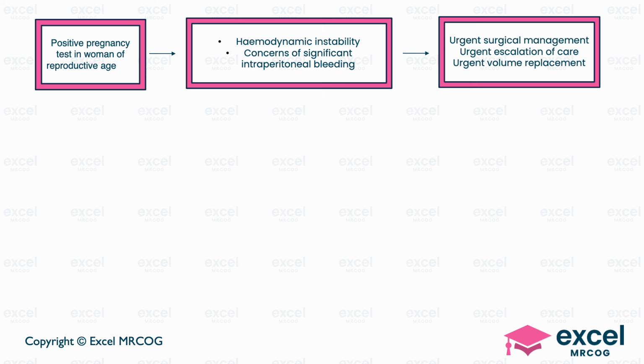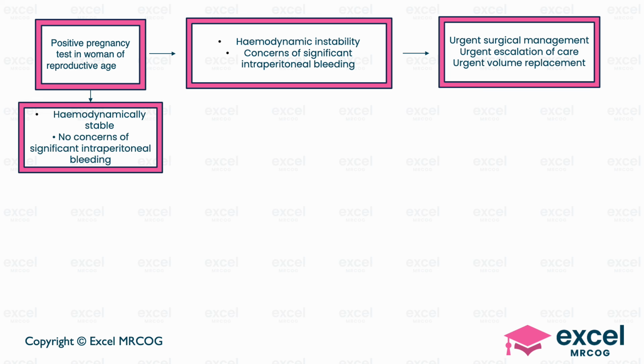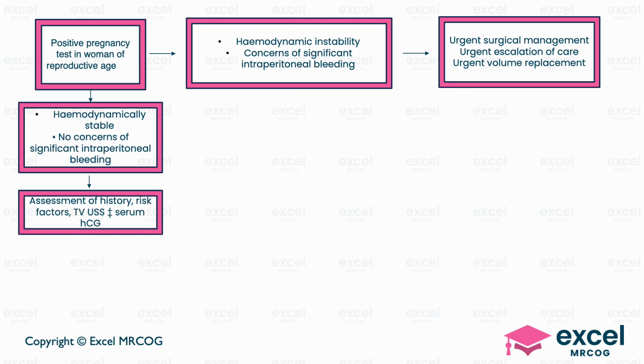The question arises if the patient is hemodynamically stable. If the patient is hemodynamically stable and there are no concerns of significant intraperitoneal bleeding, what we need to look at is her background history, risk factors for ectopic pregnancy, for example, a previous history of salpingectomy for ectopic pregnancy, etc. We would also need to look at her ultrasound scan, her serum beta HCG levels.